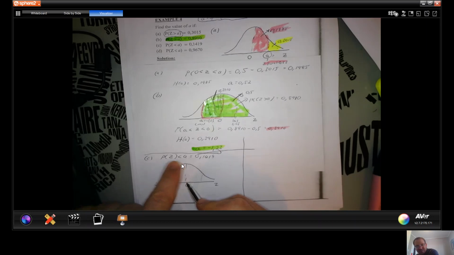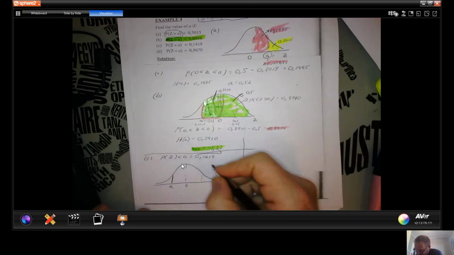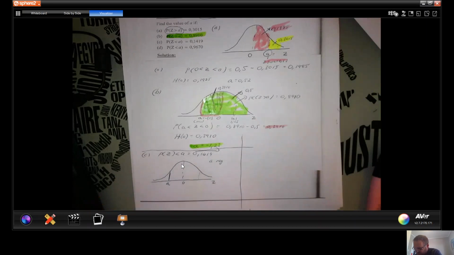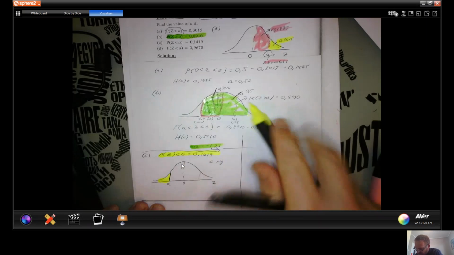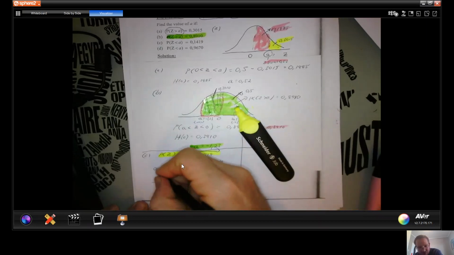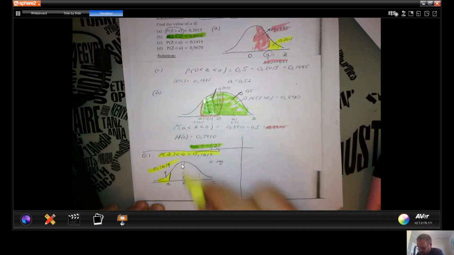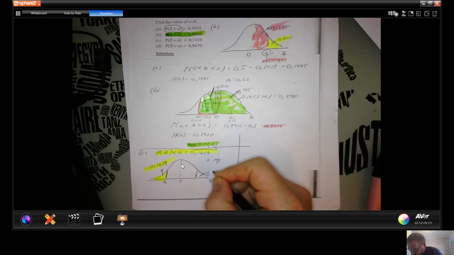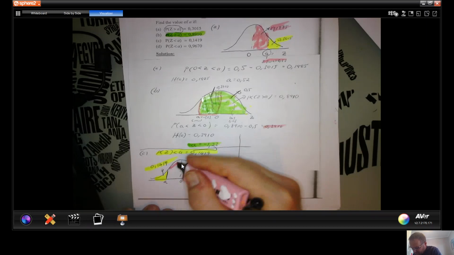So to get an area to the left, because it's less than, we want the area to the left of A. Once again, A is going to be a negative number, because it's to the left of the mean. So the area under that curve to the left of A must be equal to 0.1419. So you're going to look up, be careful. This area here is also 0.1419 because of symmetry, and you want this area in pink over here.